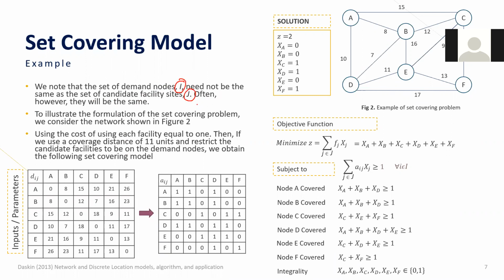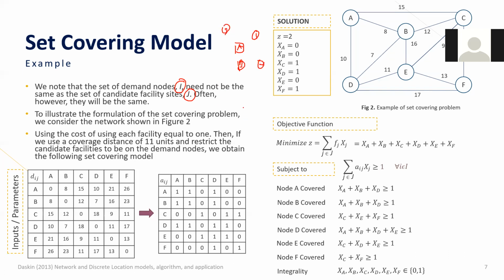And in practice, the demand nodes I and the facility or candidate facility J may or may not be the same nodes. Okay. For example, the one that I drew earlier, I always separate. This is A, this is B, this is node 1, this is node 2, 3.